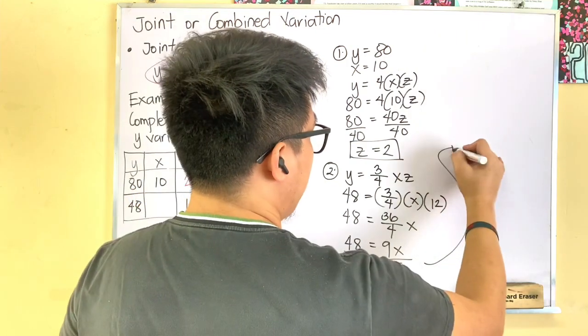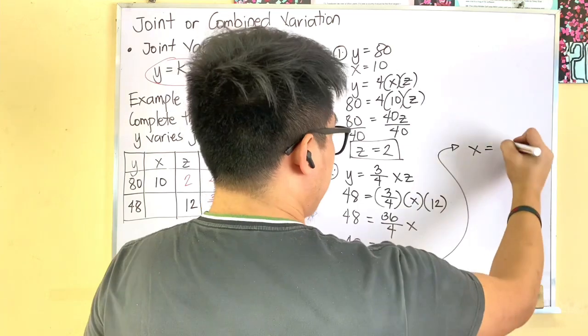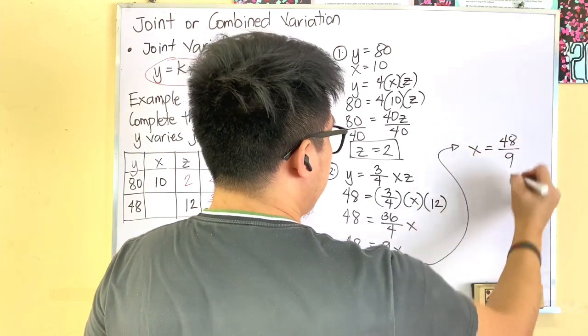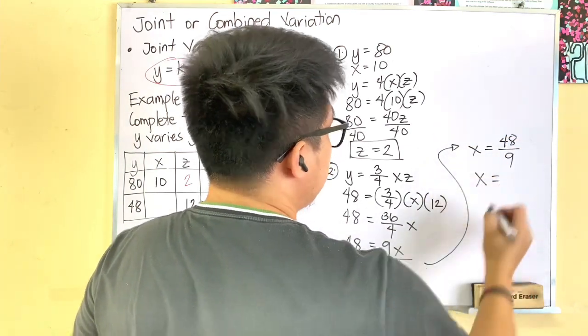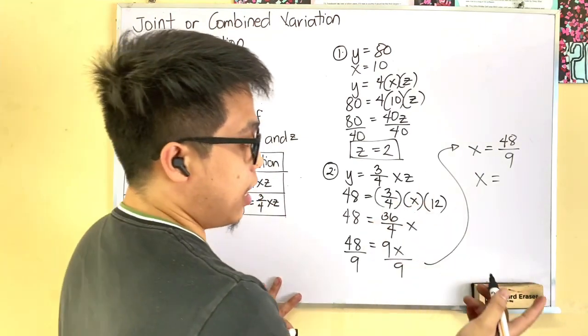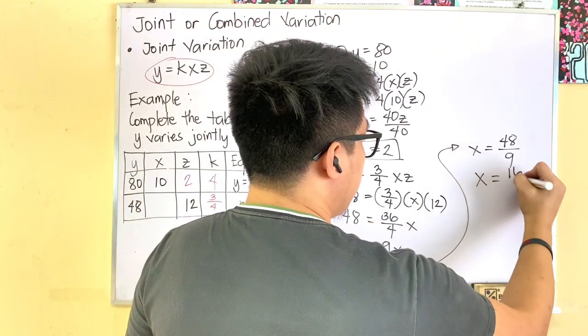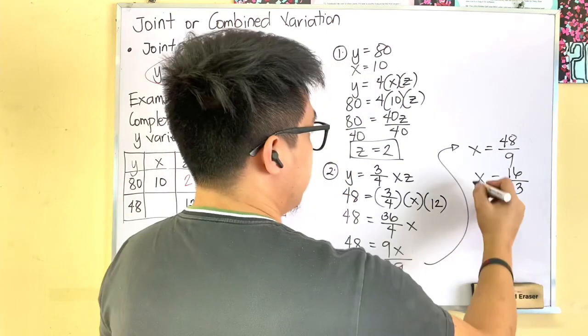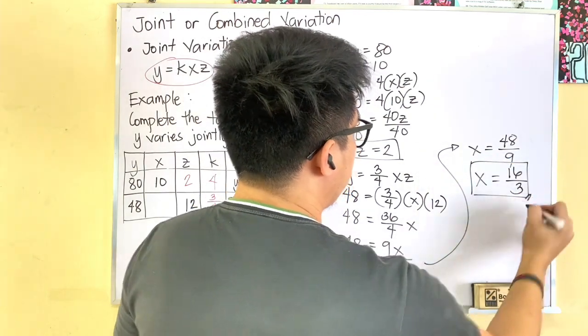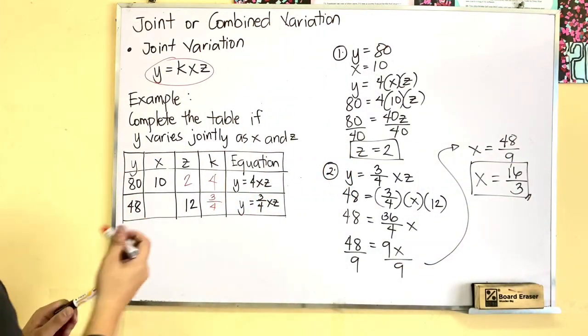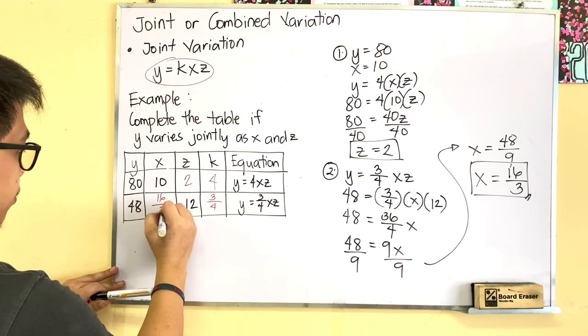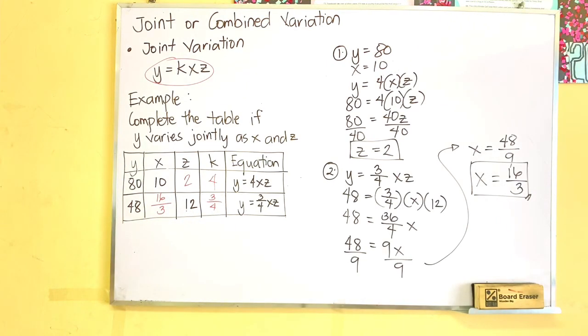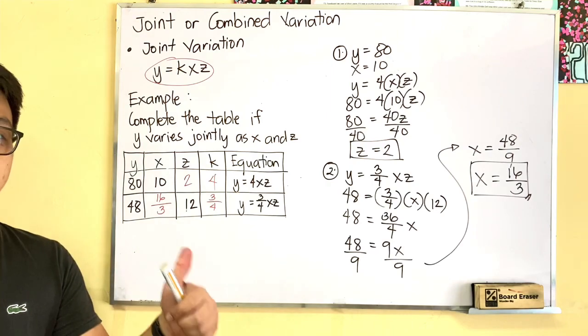Therefore, ang ating x will be 48 over 9, or pag sinimplify natin, x is equal to 16 over 3. So ito ang ating value ng x, 16 over 3. Madali lang, di ba? Madali lang.